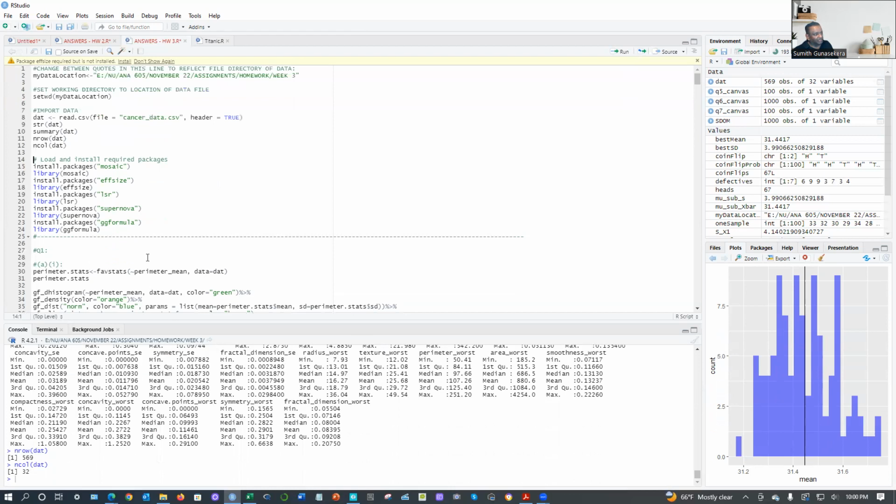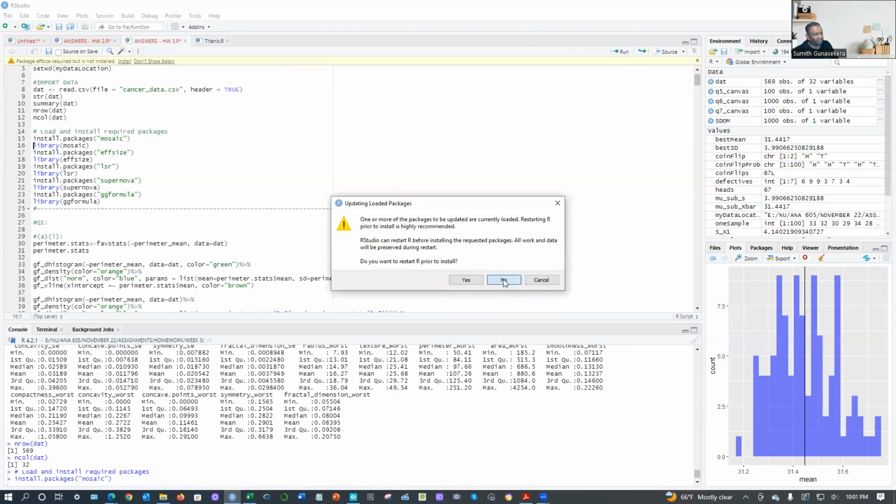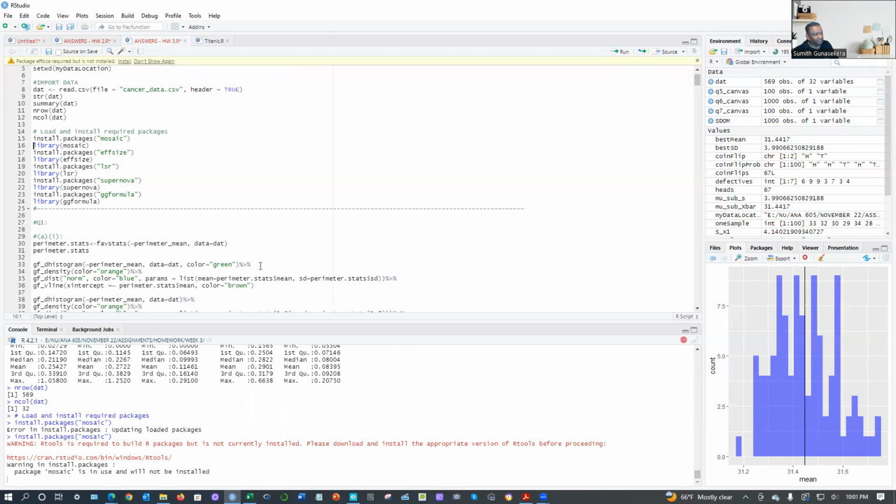So I got that one. Let me give it a try. I don't know, it might mess up. This is the problem. I hope that it will be installed. Okay, it's running right now.